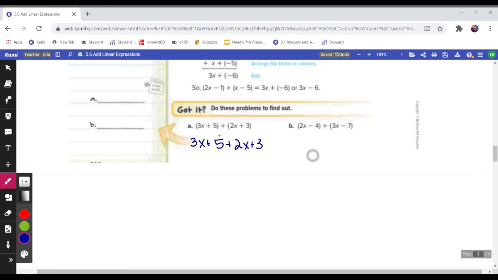So using the commutative property of addition, I'm going to change the order of 5 and 2x. So 3x plus 2x plus 5 plus 3. This allows my like terms to be by each other. So 3x plus 2x is 5x, plus 5 plus 3 is 8. So 5x plus 8 is the answer for letter A.